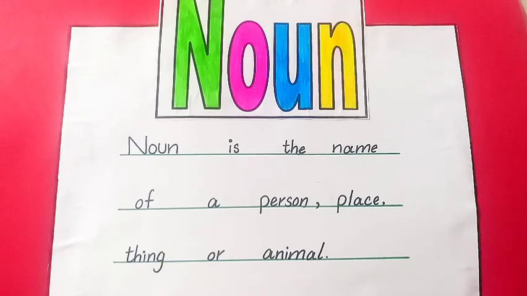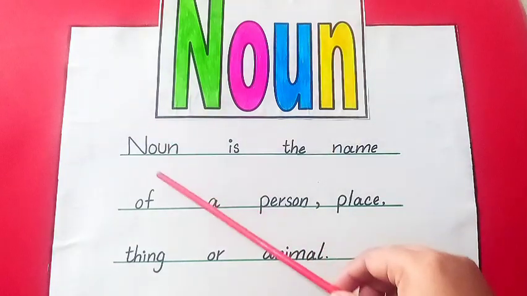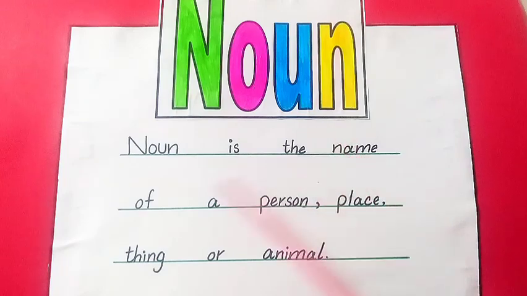The easiest and the simplest definition of noun is: noun is the name of a person, place, thing, or animal, right? Basically, noun is a word that can be a name of a person, place, thing, or animal, right?